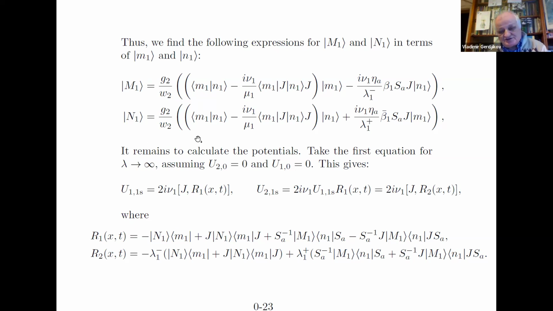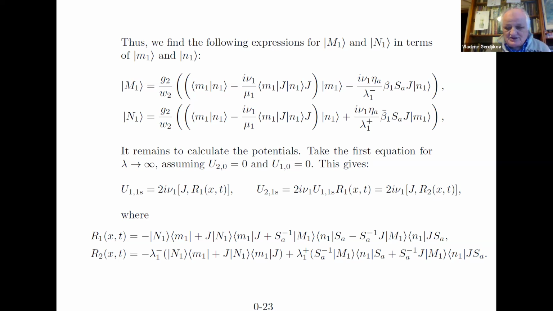You see the expressions become rather long, but well, nothing is simple on this level, so to say. U2 one soliton is twice i nu 1, the commutator of J with R2, and R2 is also put down here. We have explicit form for the one solitons.